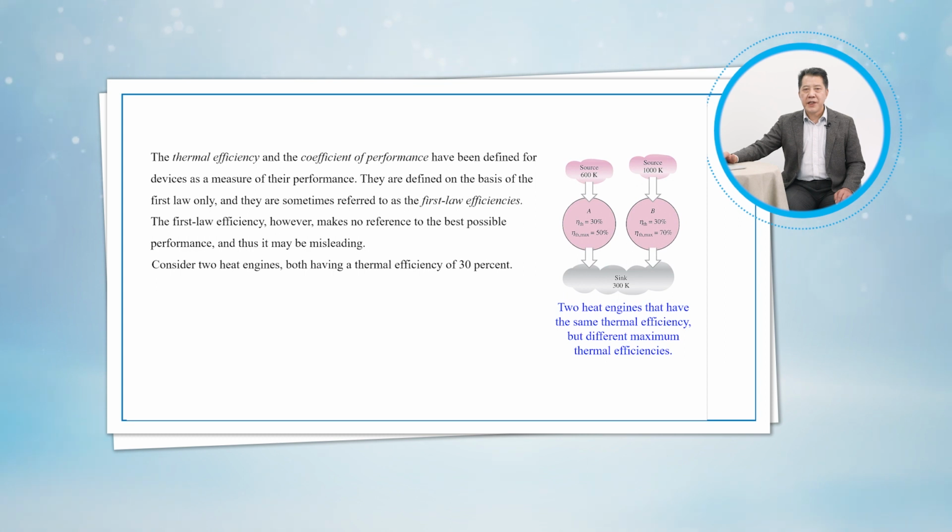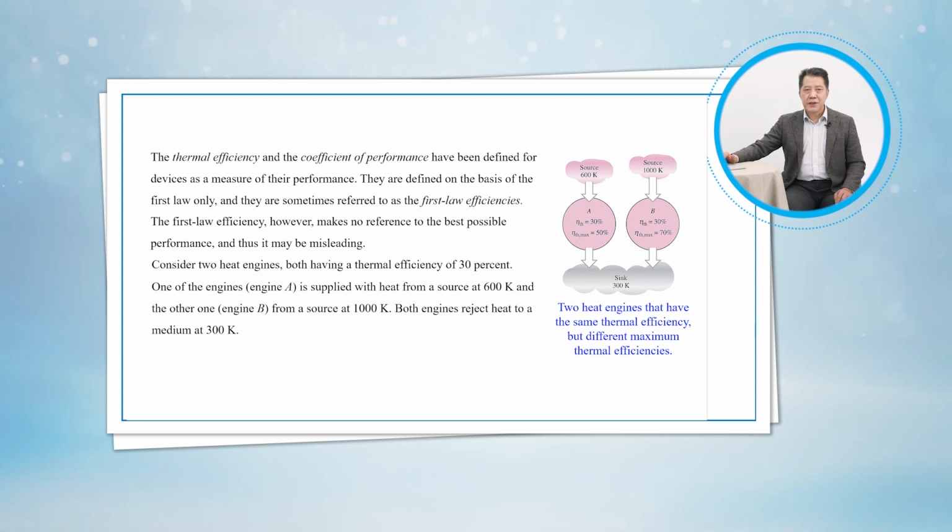Consider two heat engines. Both have a thermal efficiency of 30%, as shown in the figure. One of the engines is supplied with heat from a source at 600 Kelvin, and the other one from a source at 1000 Kelvin.